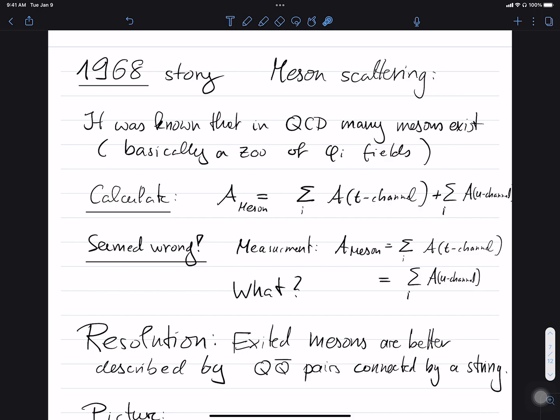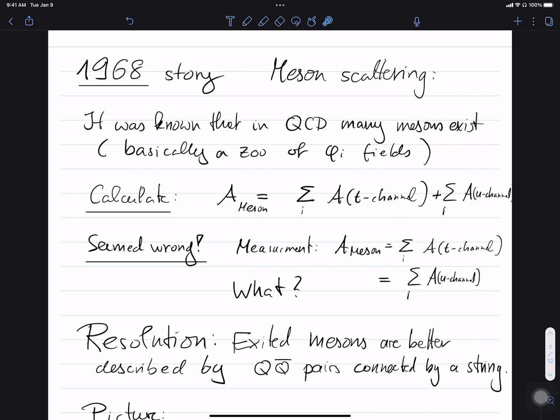So if they do contribute to these interactions, to scatterings, we can calculate the amplitudes by summing. What we learned from quantum field theory is that we calculate the scatterings by adding T and U channel diagrams. Let's assume there's no S channel, but just T and U channel diagrams, and sum over all the mediating particles phi.